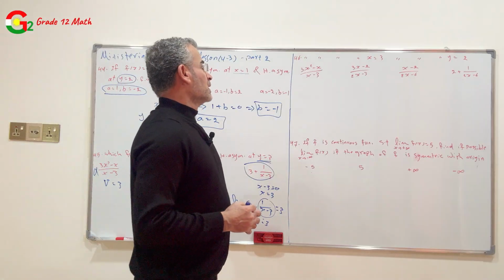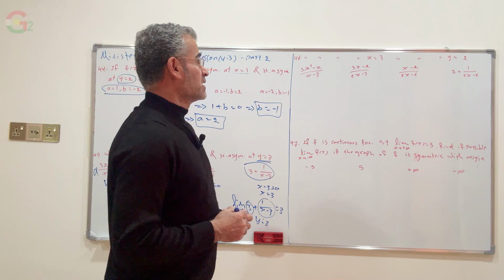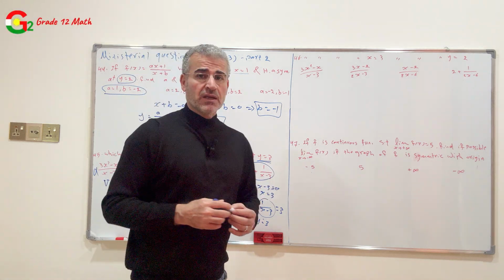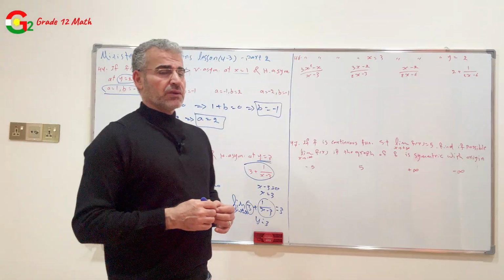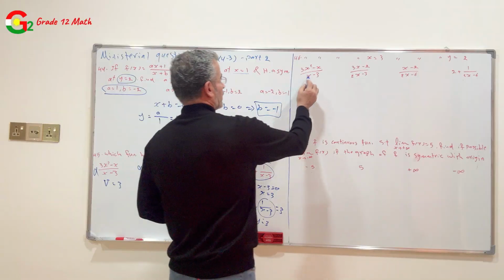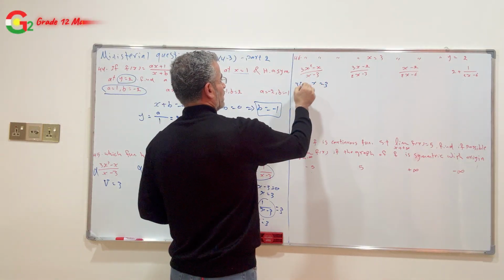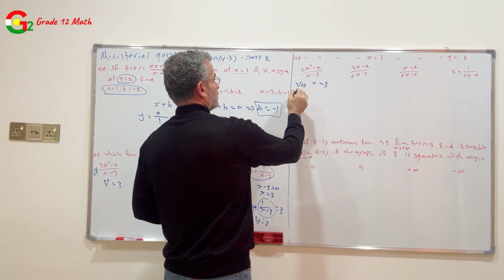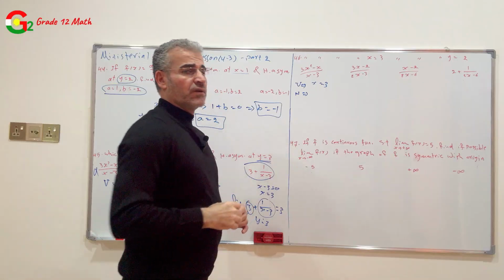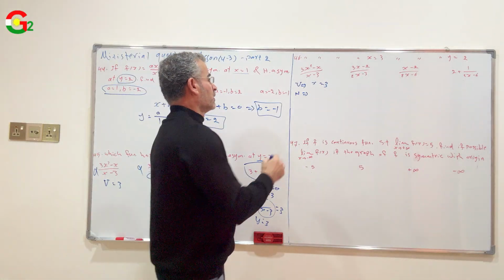Question number 46. Which function has a vertical asymptote at x equal 3 and a horizontal asymptote at y equal 2? For this function, the vertical asymptote is x equal 3, and there is no horizontal asymptote, since the degree of the numerator is greater than the degree of the denominator.